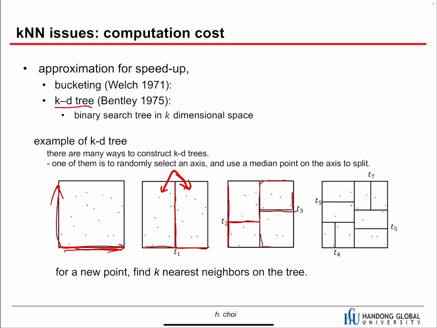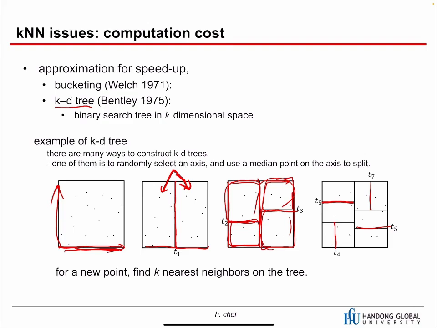From the root node, this one is the left subtree and this one is the right subtree. In the left subtree, this one is left and this one is right. In the left subtree we split one more time, in the right subtree we split, and here we split. So we split this space into small subspaces.